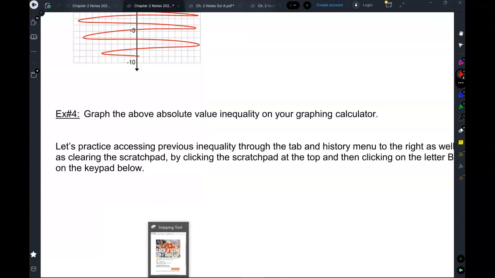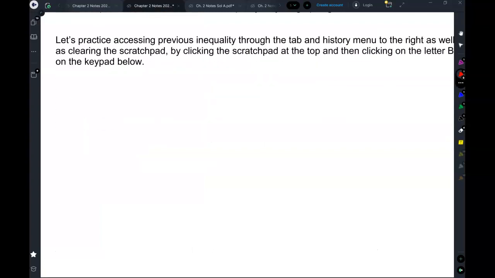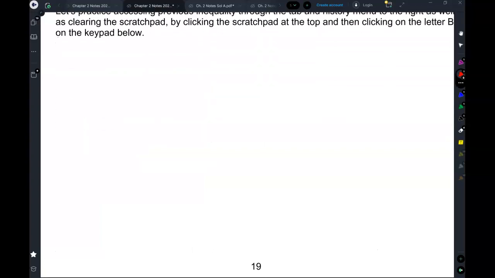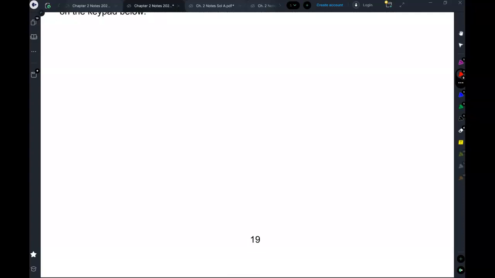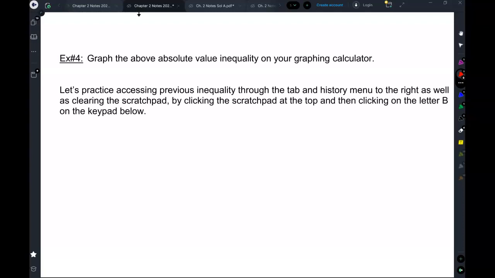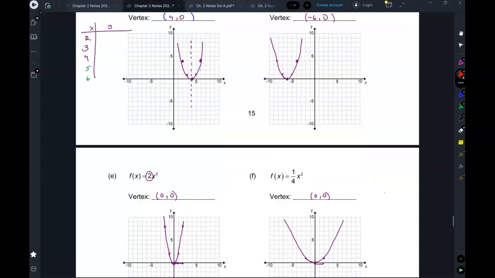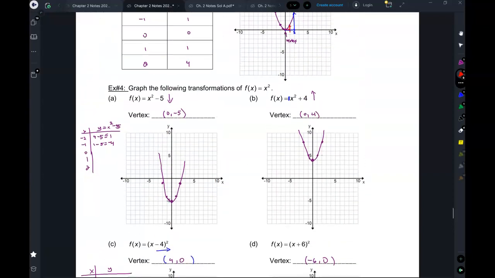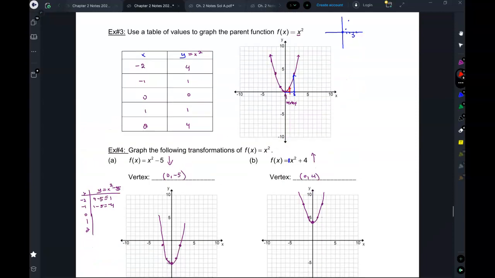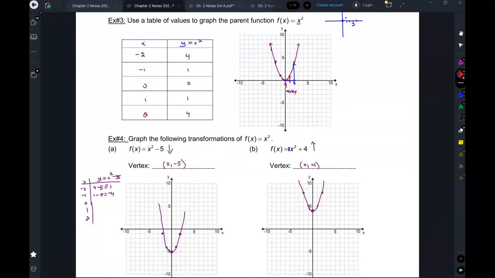Okay. One more thing for the test, or just to review. Let's do some domain and range stuff. So why don't we go back to the last lesson, to where we graphed the parabola. Go to page 15.